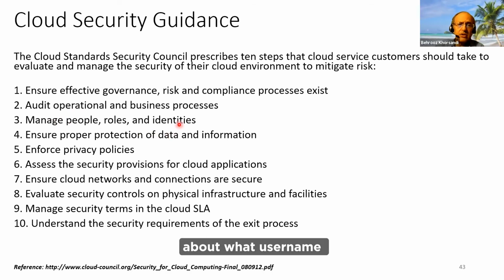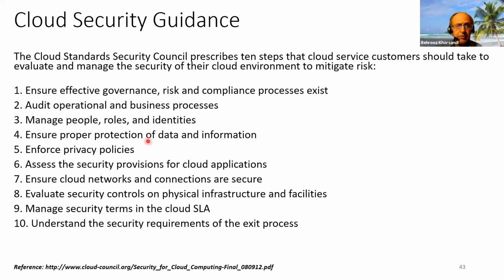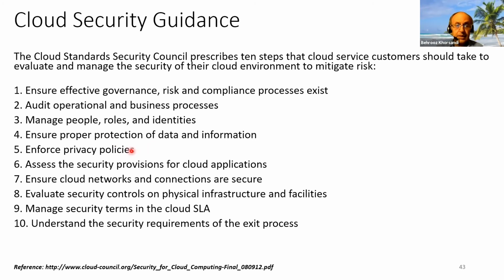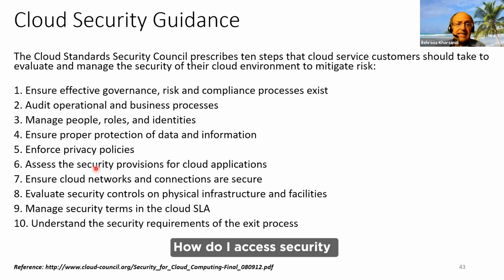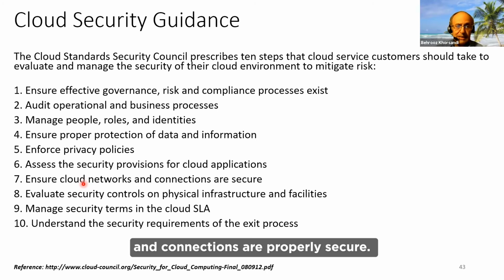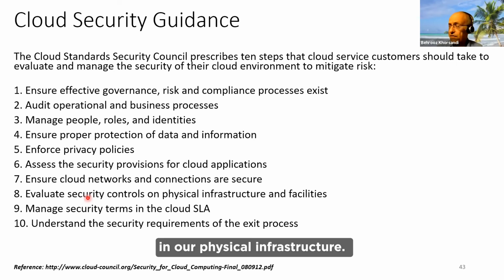Identity talks about what username or process I use to log on. How do I properly protect my data? What are my privacy policies and how do I enforce them? How do I assess security provisions for any applications that are running in the cloud? We make sure that our cloud networks and connections are properly secure. We want to make sure we have proper security controls in our physical infrastructure.